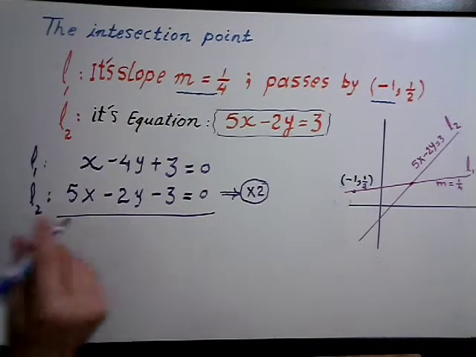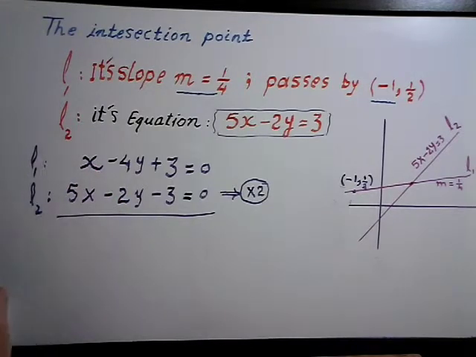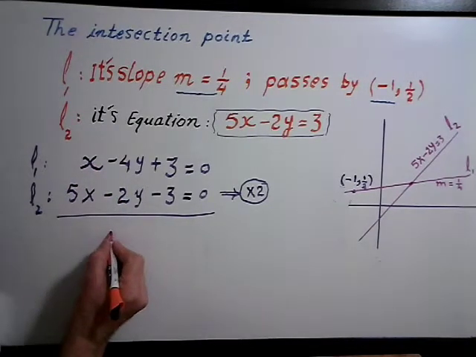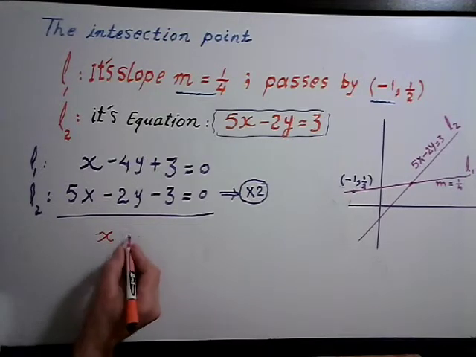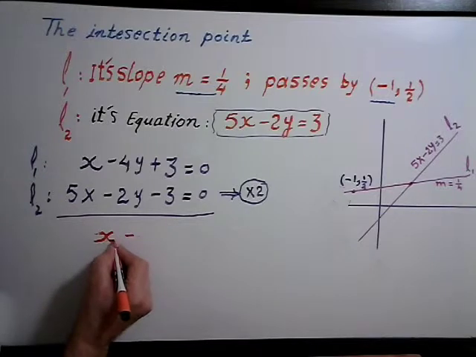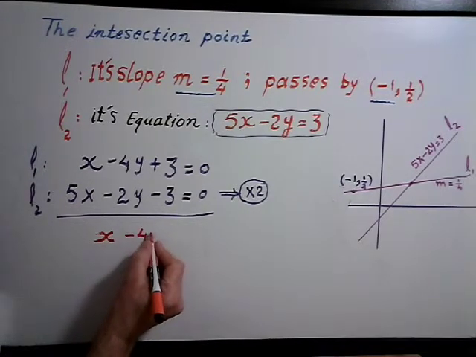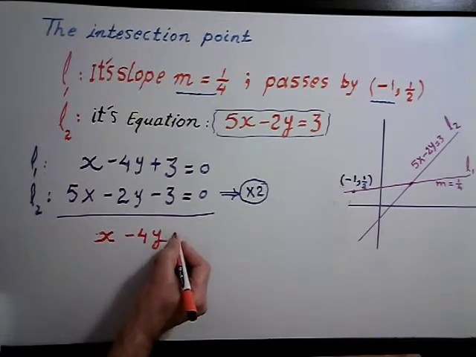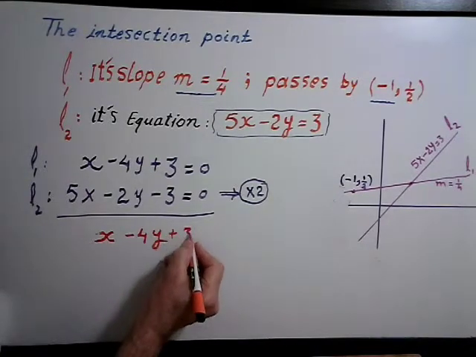Then the first equation is still the same. No change happened with the first equation: x minus 4y plus 3 is equal to 0.